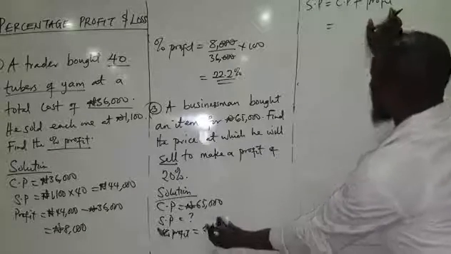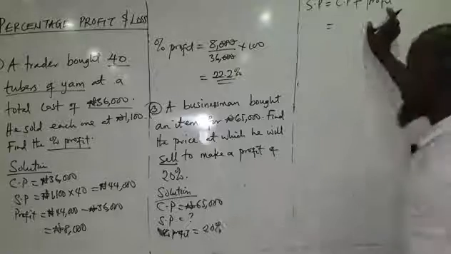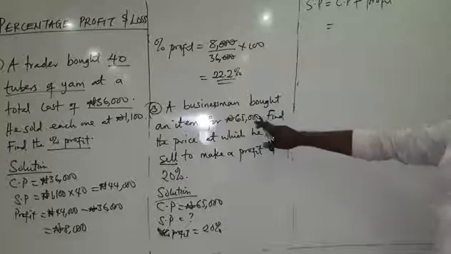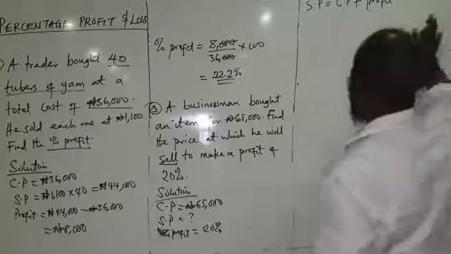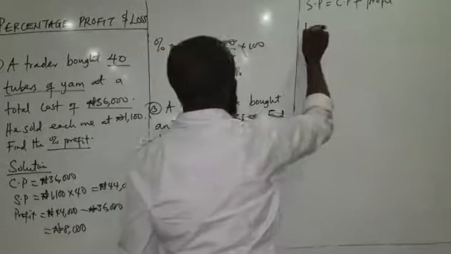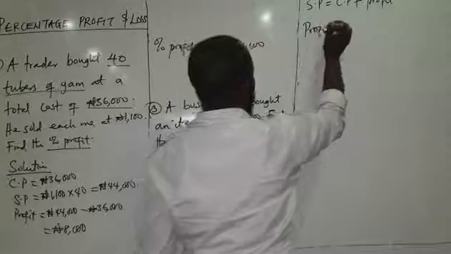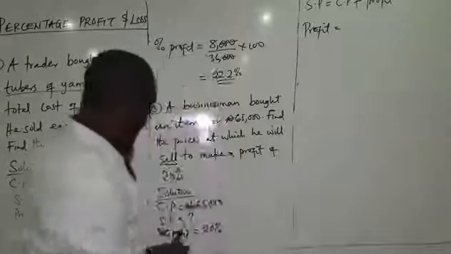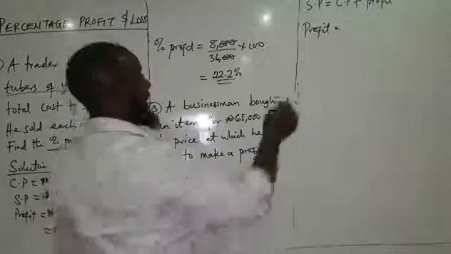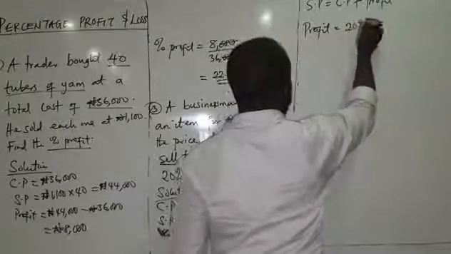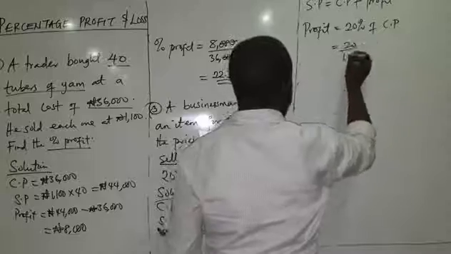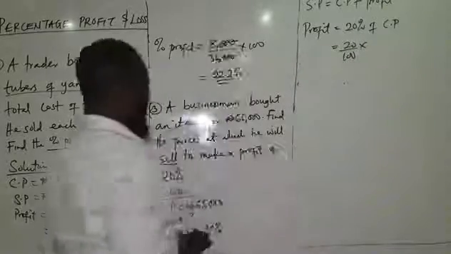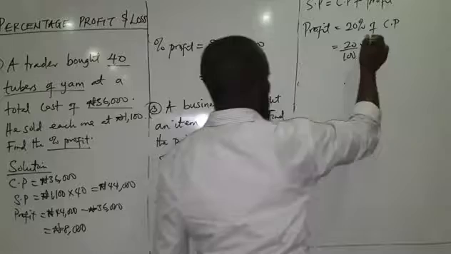So the profit will be 20% of the cost price. So let's find the profit first. The profit will be 20% of the cost price, that is 20 divided by 100 multiplied by the cost price, which is 65,000 naira.